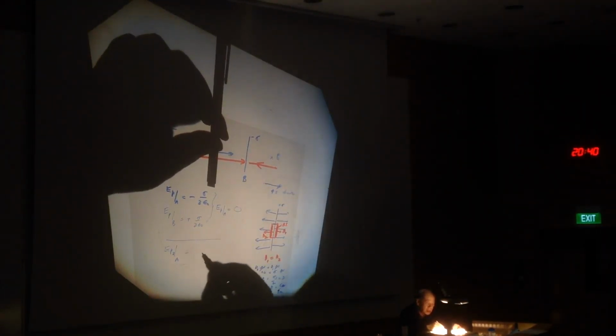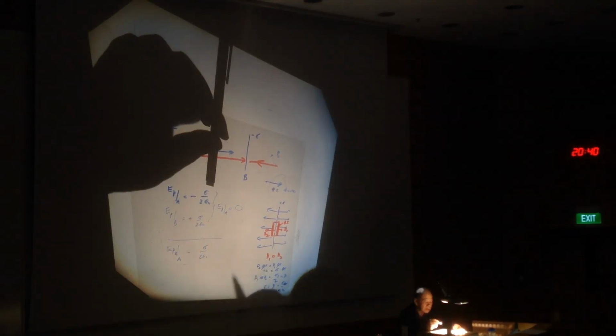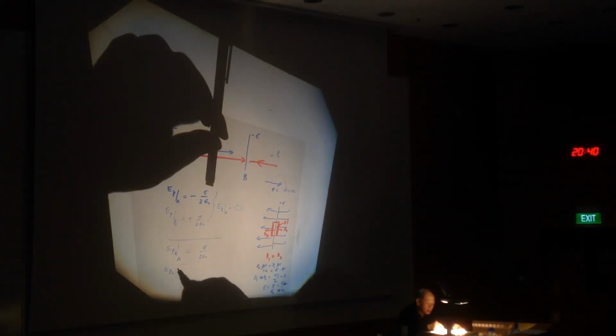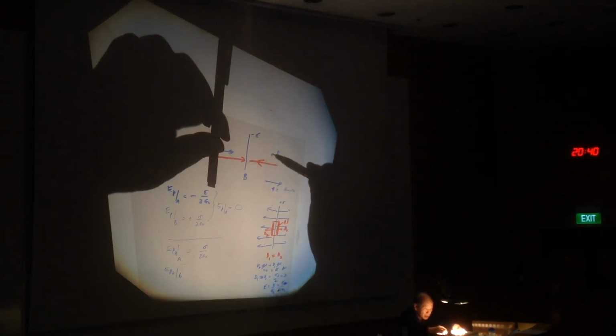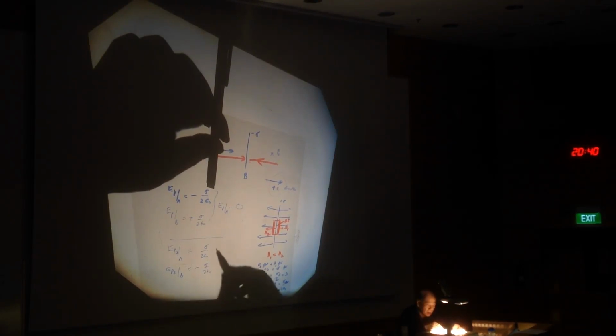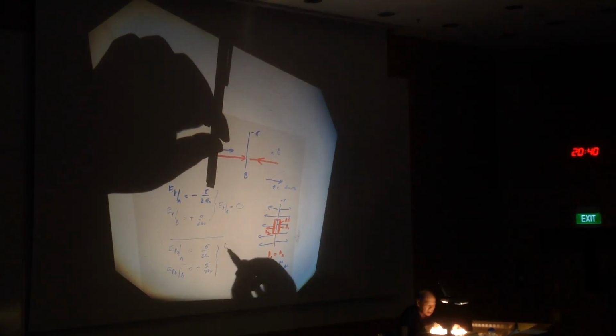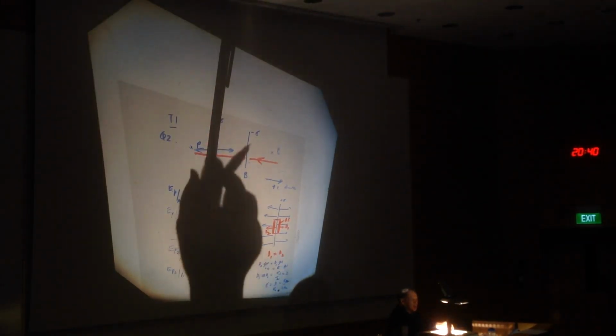Therefore, the answer is sigma upon 2 epsilon naught going to the right. EP at P2 due to B comes this way, at this point, minus sigma upon 2 epsilon naught, answer 0 again. EP2 is 0. Okay?